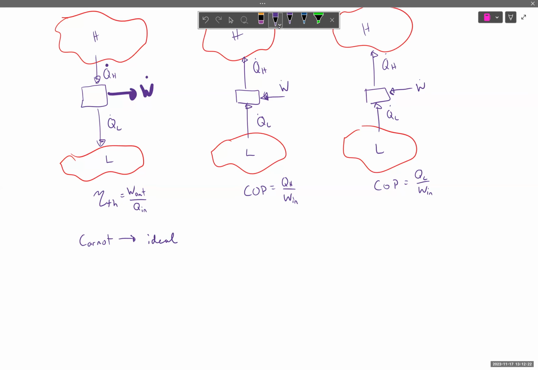And we're going to say that if it's reversible, ideal, reversible, then we can take our ratios of heat to temperature. But that's only for Carnot.